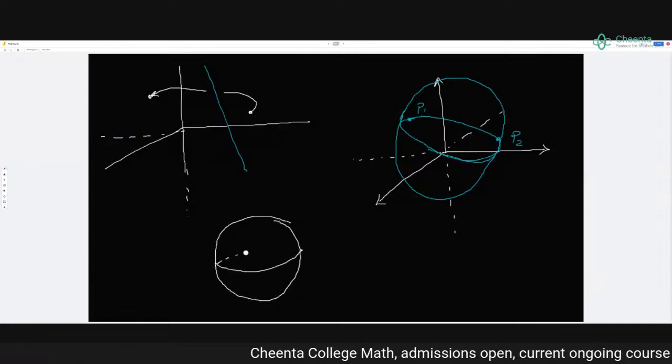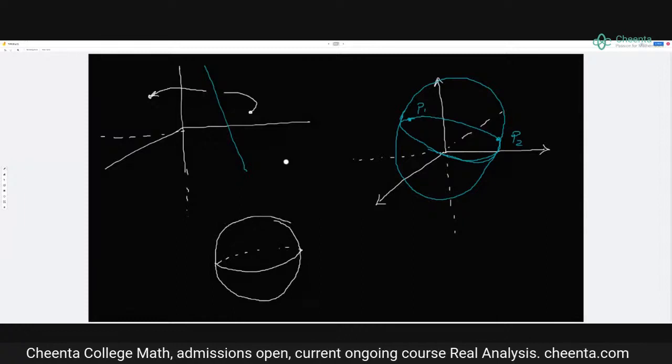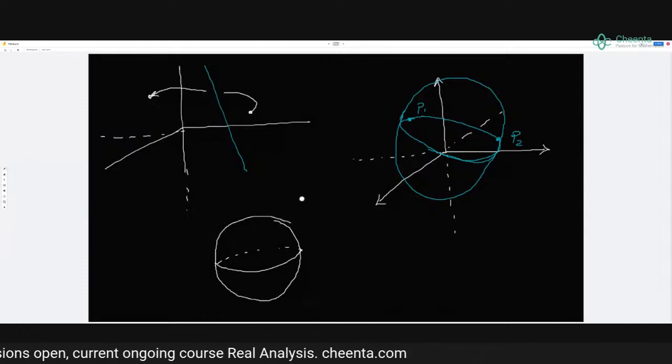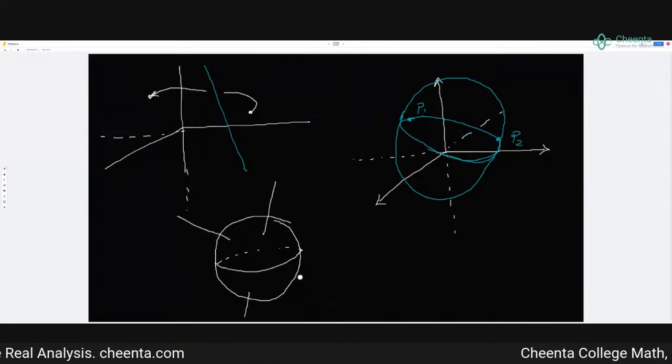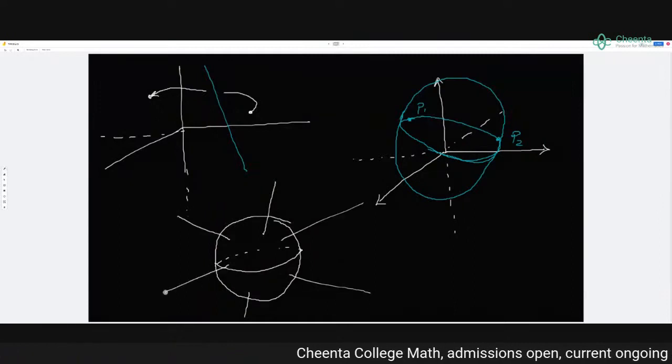So this sphere is now embedded in R3, and let's say countably many lines are passing through this sphere.